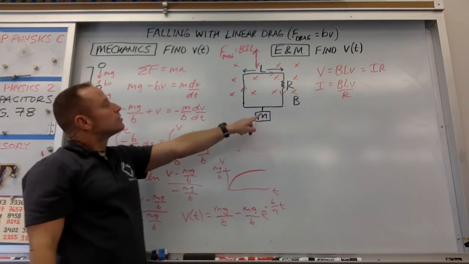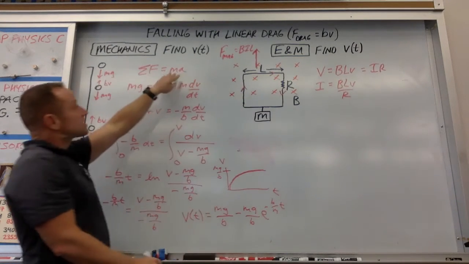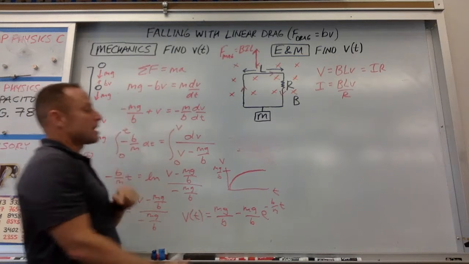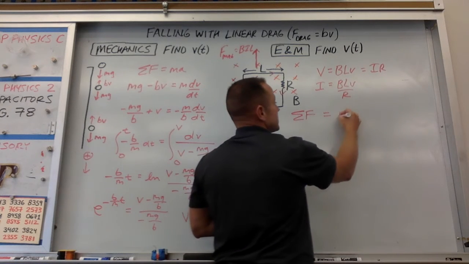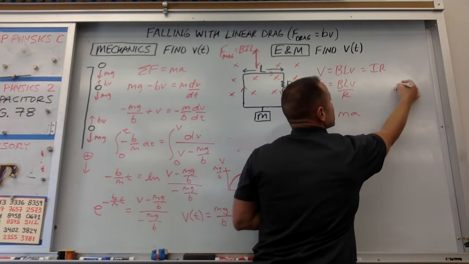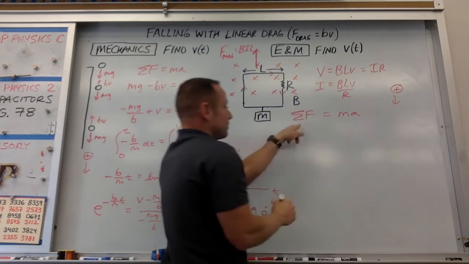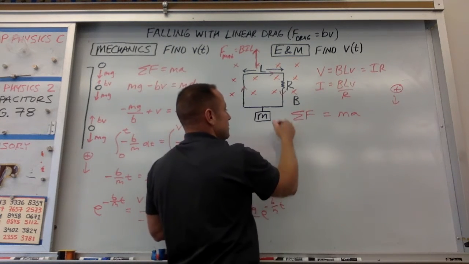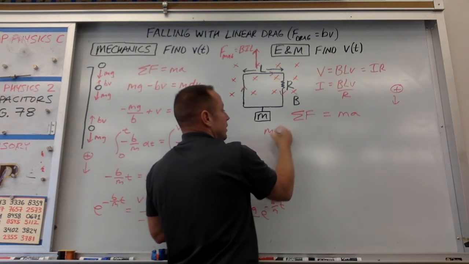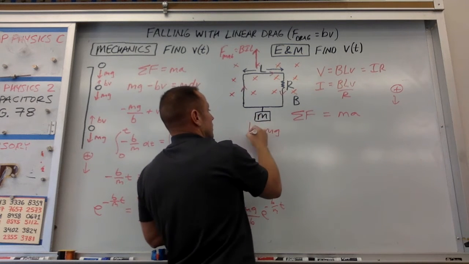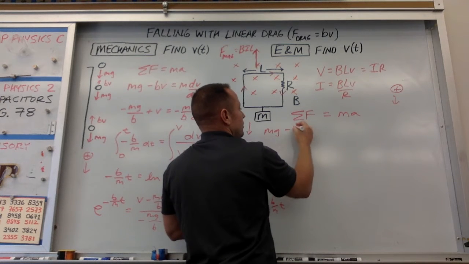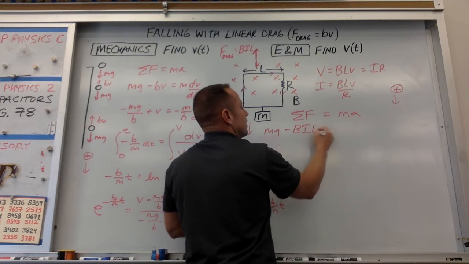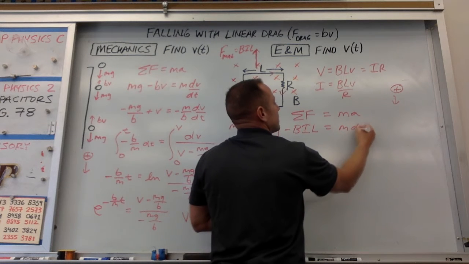If you do the similar thing and set up F equals ma, the sum of the forces equals ma. Again, I'm going to choose positive down. You have mg pulling it down, and then you have BIL pushing back up, equals m dv/dt.